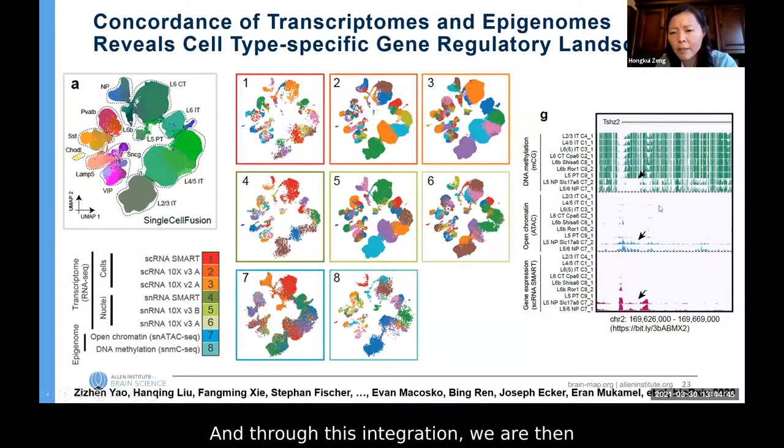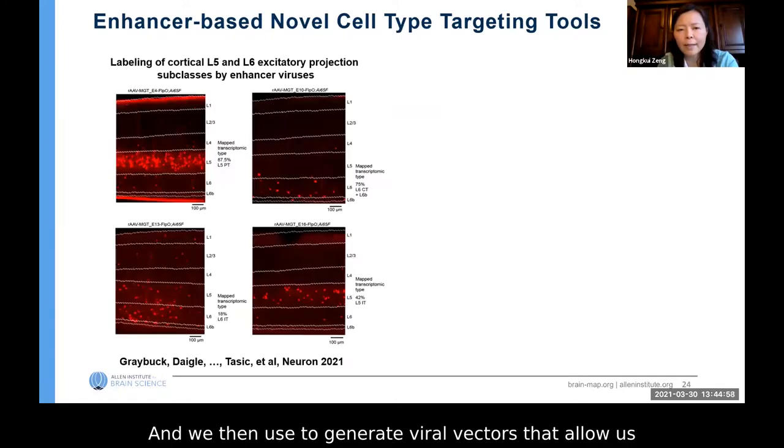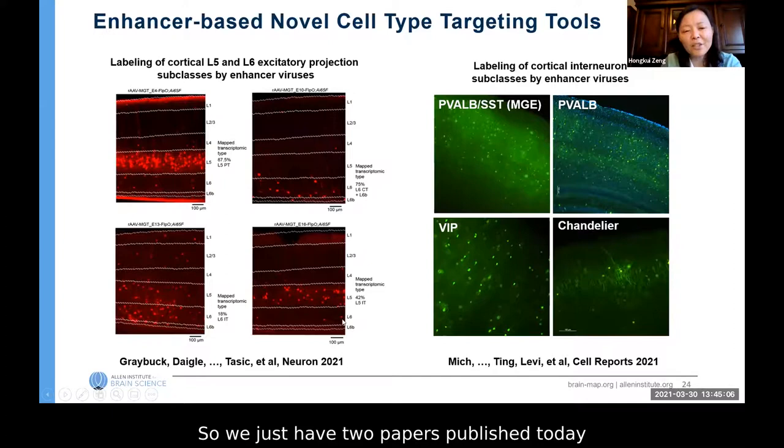And through this integration, we are able to identify chromatin accessibility peaks or putative enhancer motifs that we then use to generate viral vectors that allow us to target different cell types. So we just had 2 papers published today showing the proof of concept of this approach.